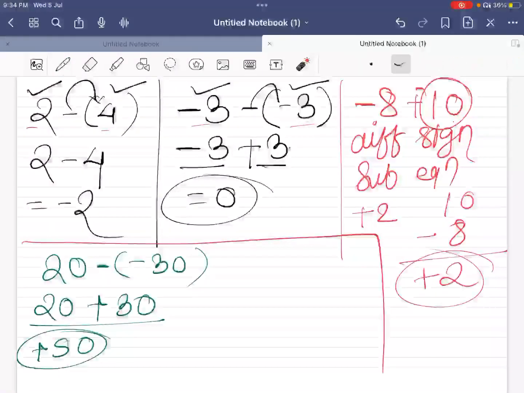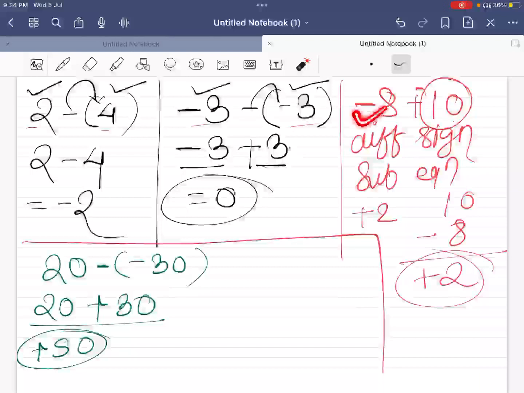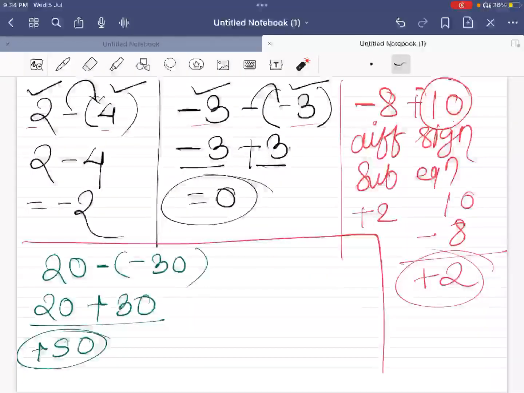So likewise, we have to think about plus, plus, minus, minus, minus, plus, and plus, minus. Okay, we have to solve or simplify the questions like this.